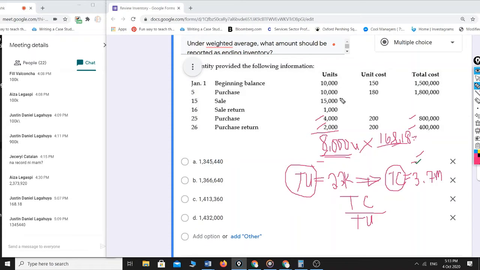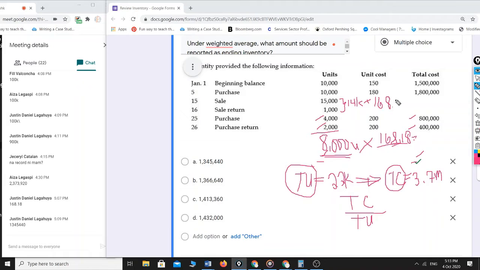Okay? So if ang pangutana, how much is the cost of goods sold, adto ta sa number of units nga nabaligya. So the number of units sold is 14,000, after considering the sales return. So 14,000, i-multiply lang gyapon nato sa average cost. So average cost 168.18.